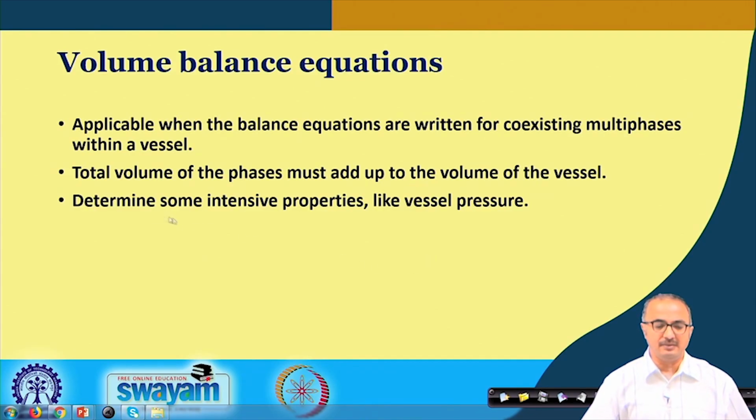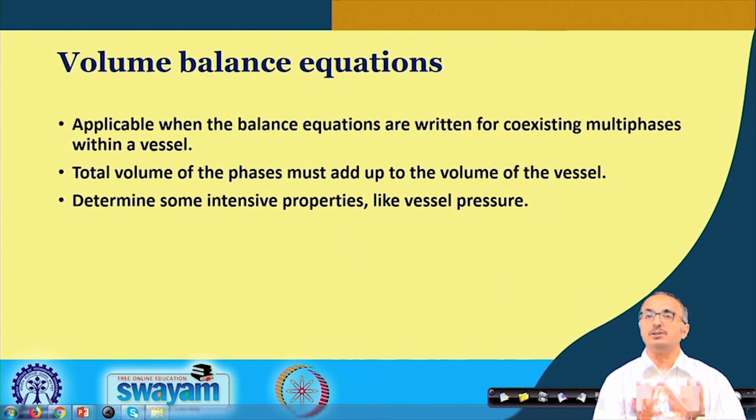And why do we need it? This determines some intensive properties like vessel pressure. For example, suppose we have some liquid to start with in an enclosed vessel, and you start heating up the vessel. Initially there is a certain pressure in the vessel, and as you heat it, the liquid goes into the vapor phase. The volume of the liquid is coming down, whereas the volume of the vapor is going up.